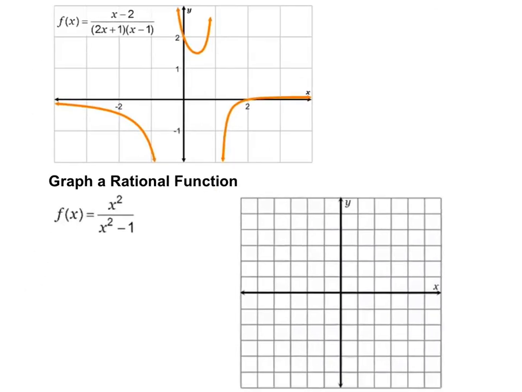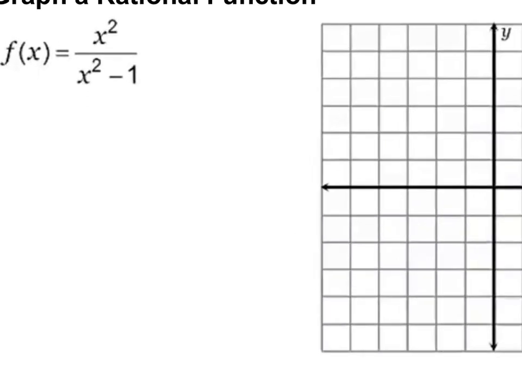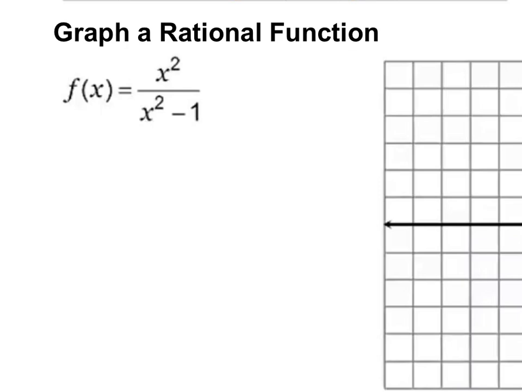So let's go ahead and graph a rational function and determine what we have here. The first thing is to find our horizontal asymptote. My degree up top is 2. My degree down below is also 2, so this is the same.